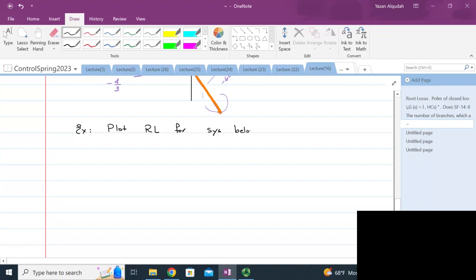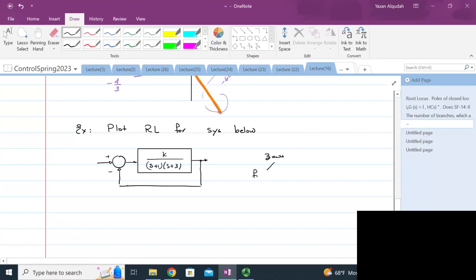Okay, so we are given this system. If you look at this system, how many finite zeros and poles? We don't have any finite zeros.